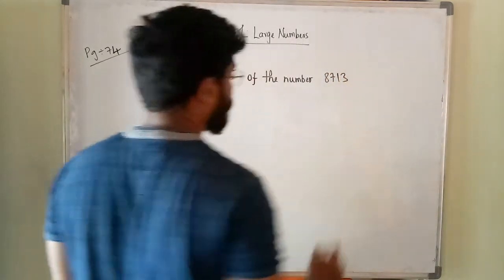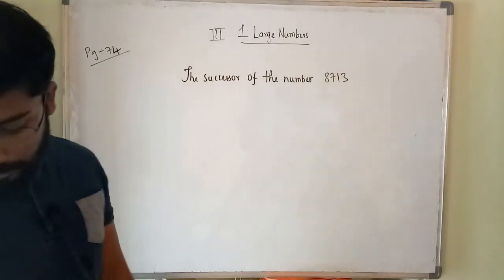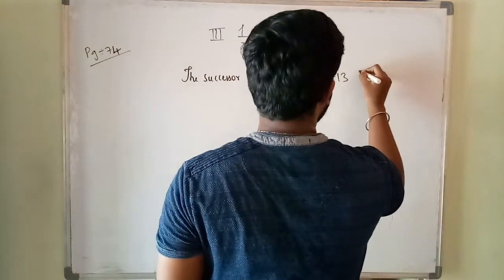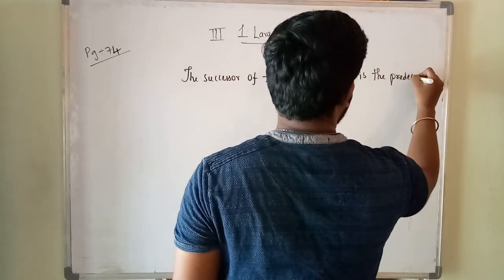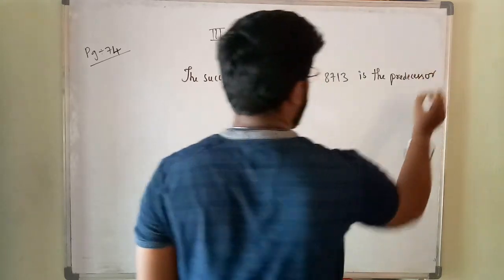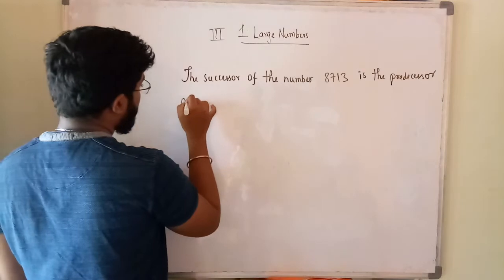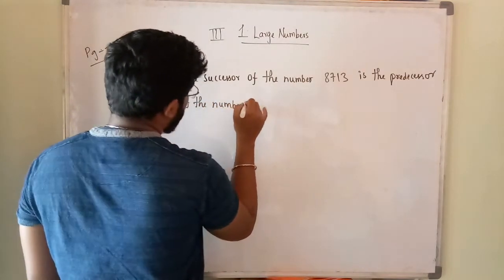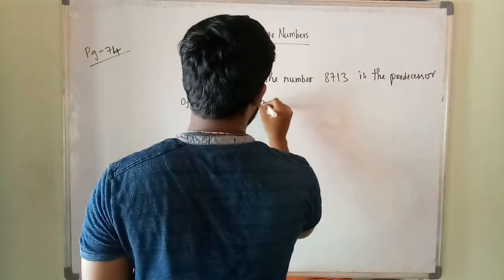8713. Okay, the successor of the number 8713 is the predecessor of the number 8715.